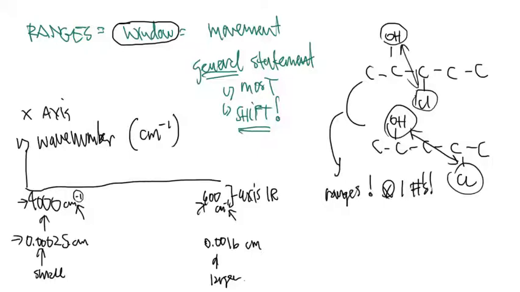I know it's kind of confusing, but the take-home message is: trust me, I know what I'm doing, and trust yourself, you know what you're doing too. So 4,000 starts to the left, 600 is to the right. Keep in mind that it's increasing, not decreasing, because of the unit.